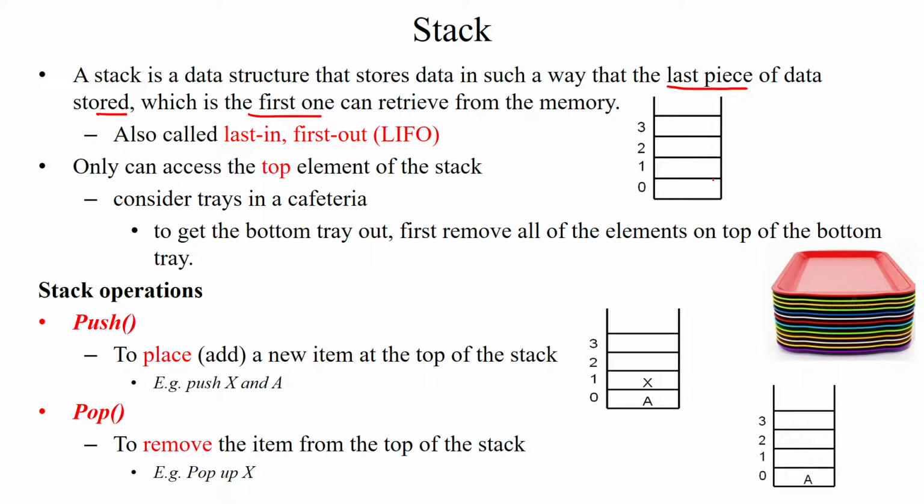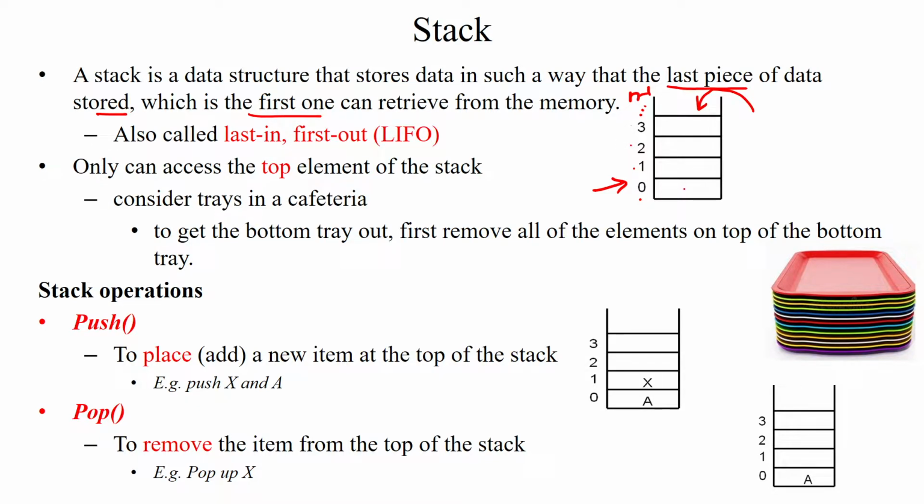For example, the data structure stack has this representation. Here the memory locations start from 0, 1, 2, 3, etc. up to n minus 1. Whenever we insert data, it is stored starting from the zeroth memory location.